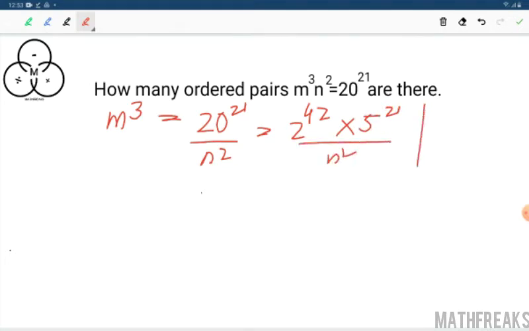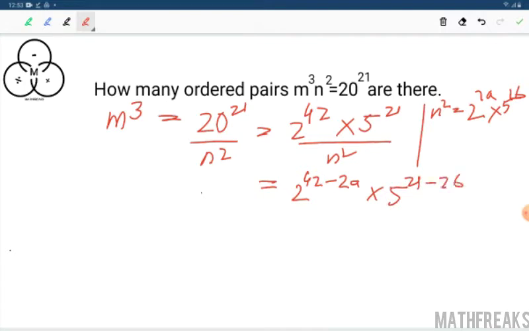Now this n squared can be written as 2 to the power twice a into 5 to the power twice b. That would give us 2 to the power 42 minus twice a into 5 to the power 21 minus twice b. Now what are the permitted values such that we would get a cube?